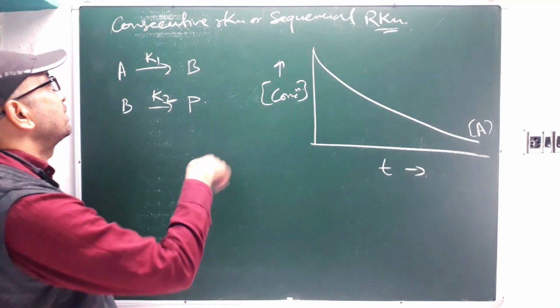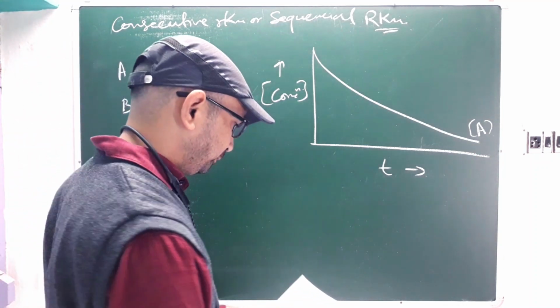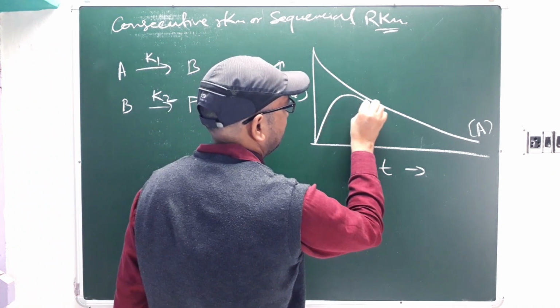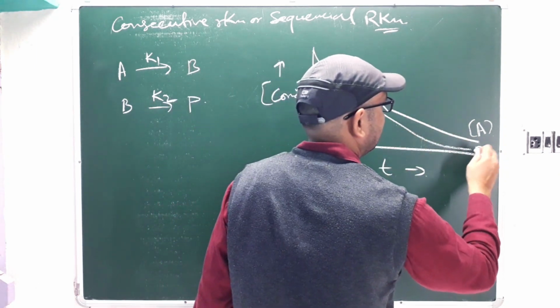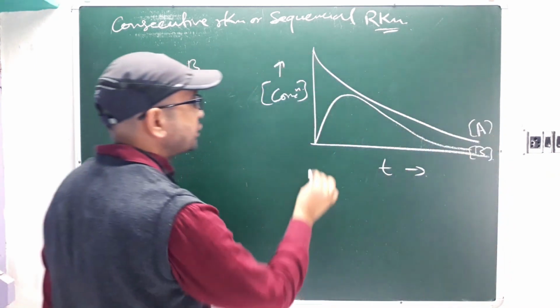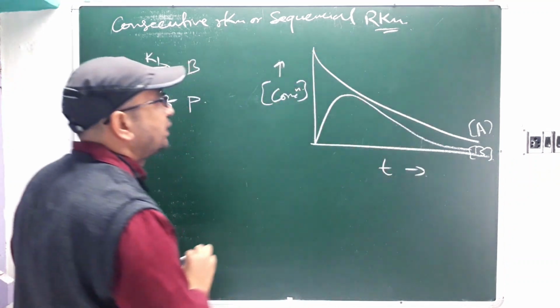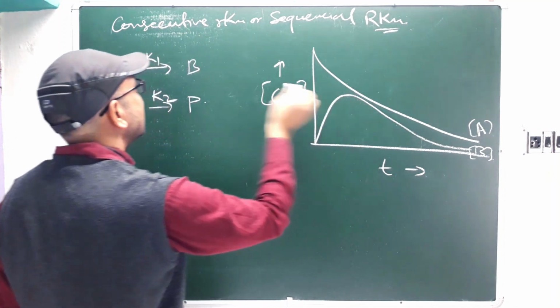So next, what will happen, the formation of B. Let's see how the formation of B takes place. This will be the graph for B. Initially, as the concentration of A is decreasing, the concentration of B is getting formed, right?